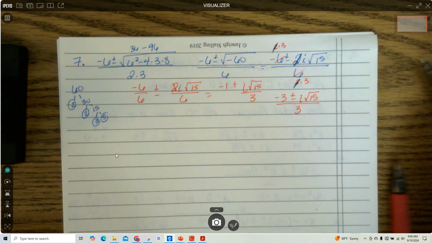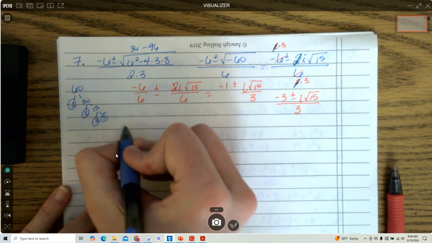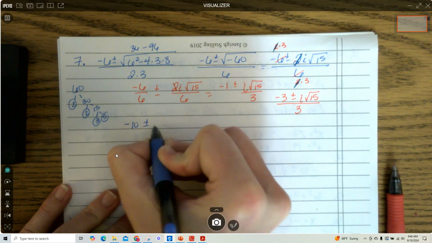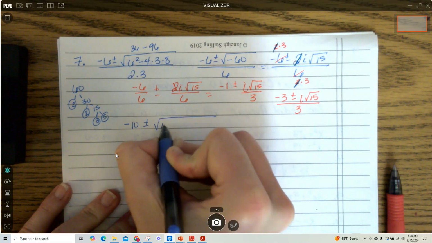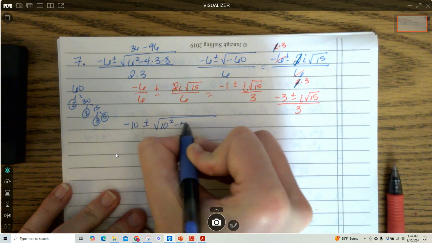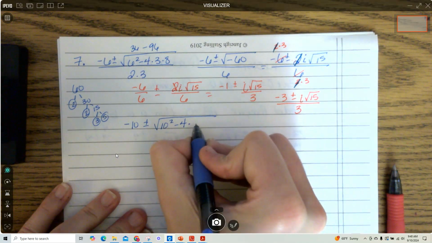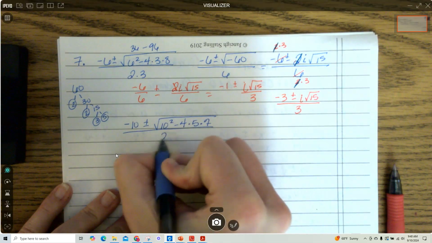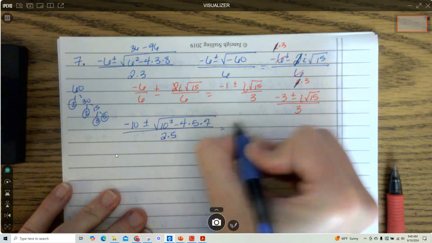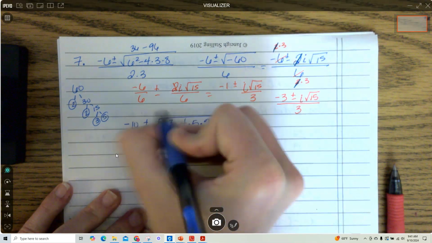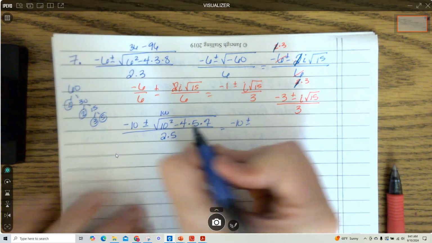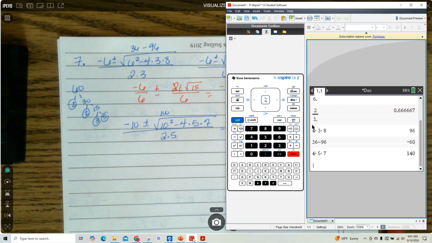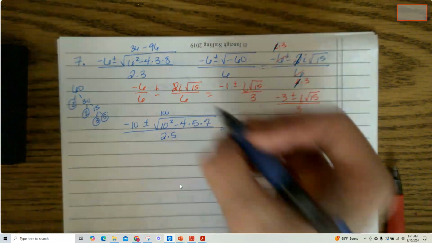So do we have a different one like that? I have x equals negative 10 plus or minus the square root of 10 squared minus 4 times 5 times 7 over 2 times 5. Okay. So we get negative 10 plus or minus, so this is 100. 20, what, 140? Yep, 140.